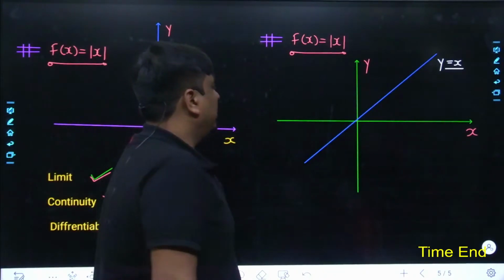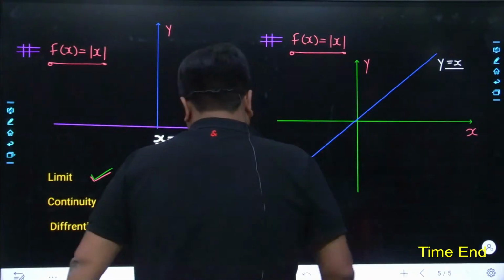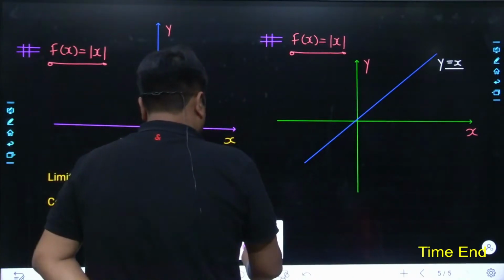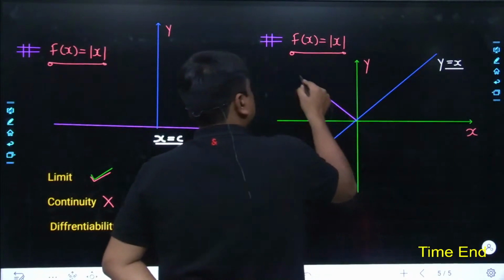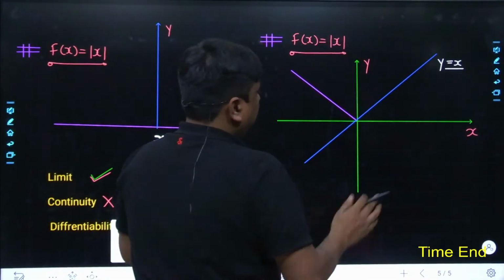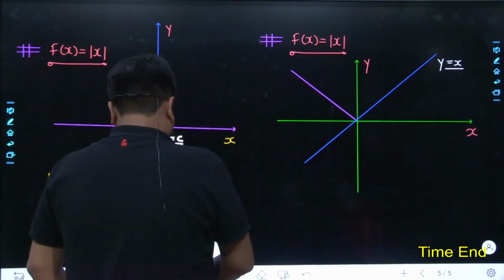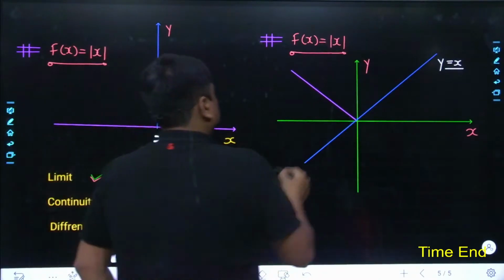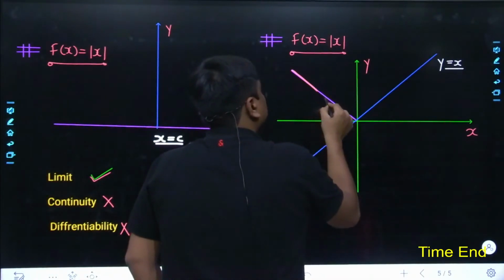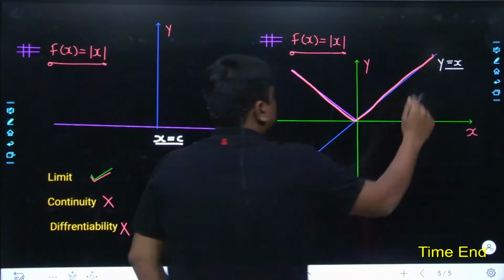So it would be flipping, taking the reference of the x-axis, and the new structure would look something like this.